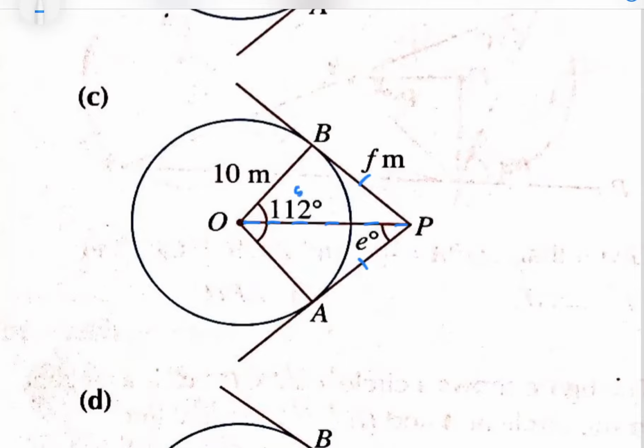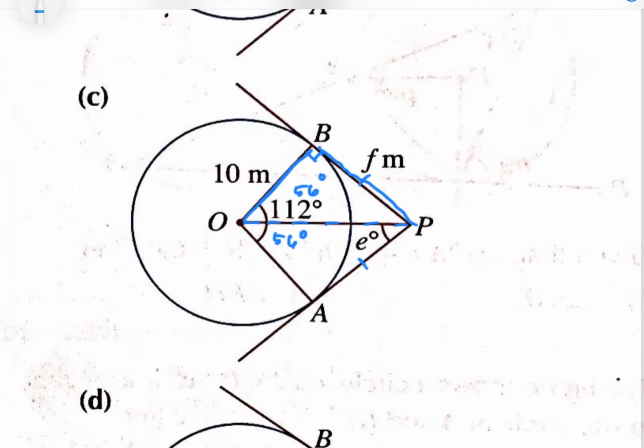So 112 divided by 2, so this angle measures 56 degrees. Also this measures 56 degrees. Now OB and BP are perpendicular, so that's creating a 90-degree angle. So we can solve for F now because we have a right triangle.